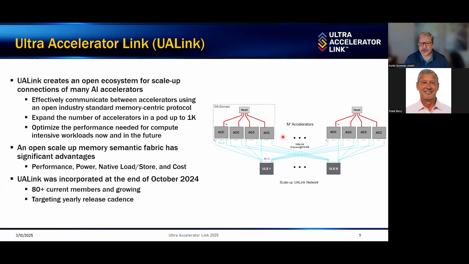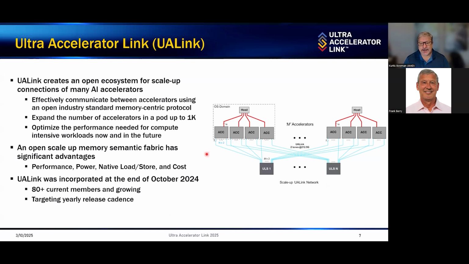As you can see here, we optimize the performance for the compute needs of those workloads that are very memory intensive right now. Plus, it can scale into the future because we can see going from 200 gigabits per second bandwidth to the next generations, whether that's 400, 800, 1600 gigabits per second links.